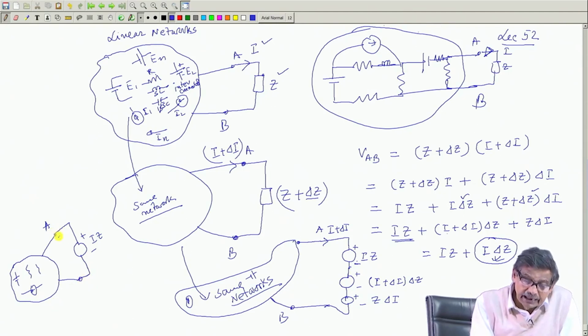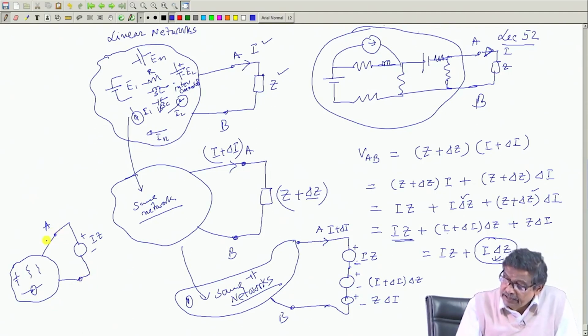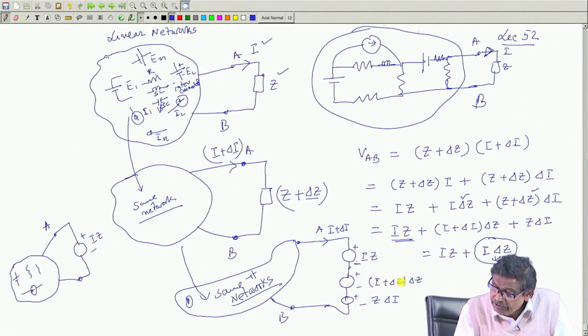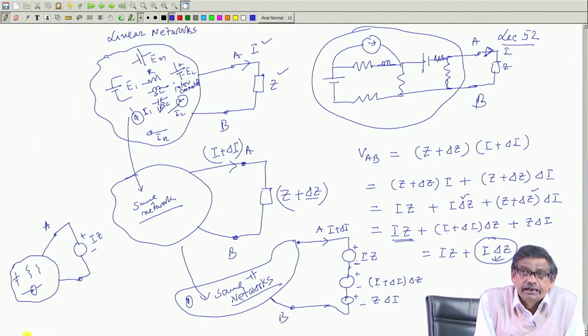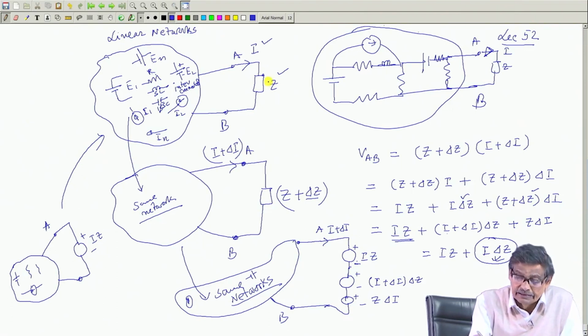Whatever will be the current, that I will note down. Then I will consider this source only present, other sources replaced by short circuit, this shorted, and all the internal sources of the network and this I z present. What will be the current here? This circuit is the original circuit, all the internal sources present, Z is present. So, this current is I, it is already known.